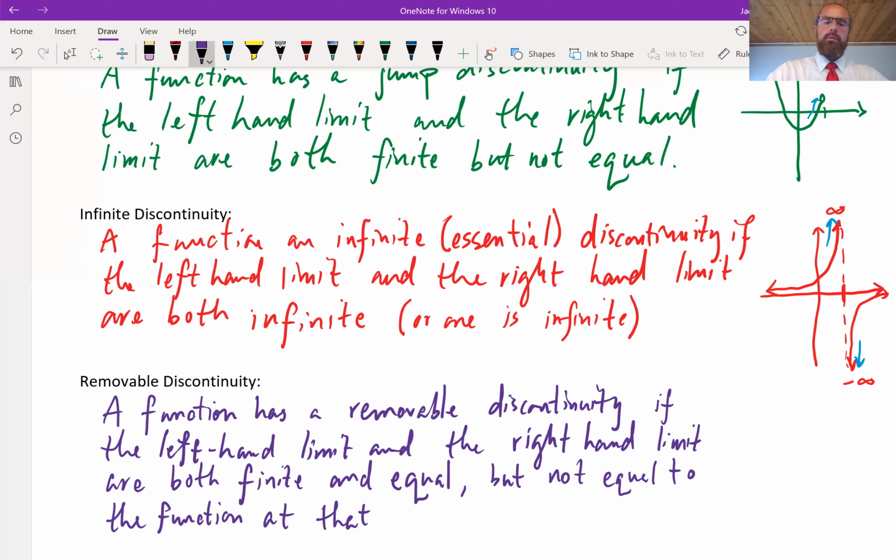So again, there's our words. And let's fill in with a graph that can just serve as an example of a removable discontinuity. So here's a coordinate plane. So let's say we've got another parabola. This one's upside down. But at a certain x value, there's a gap in the graph.